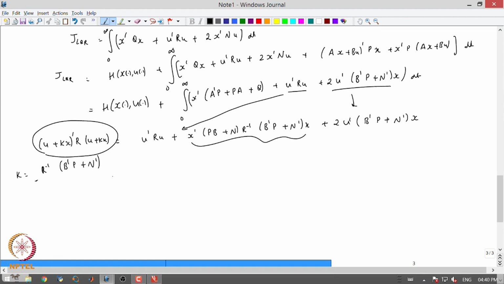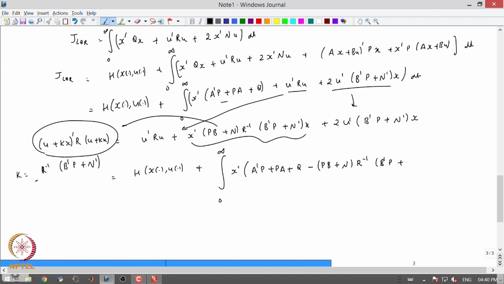So the J_LQR will now take the following form. I have h(x, u) plus integral 0 to infinity of x transpose, and all these things will come as they are: A transpose P plus PA plus Q minus, because it just goes this side, (PB plus N) R inverse (B transpose P plus N transpose), x, plus this term here, (u plus Kx) transpose R (u plus Kx).